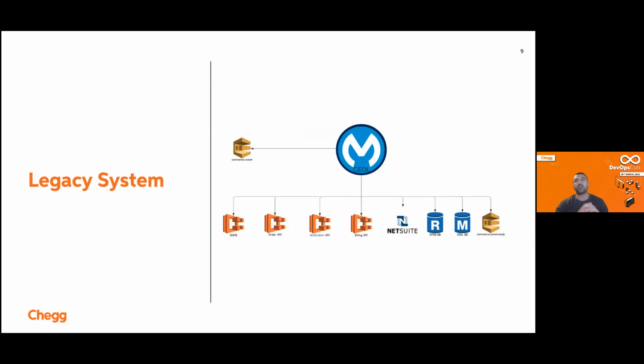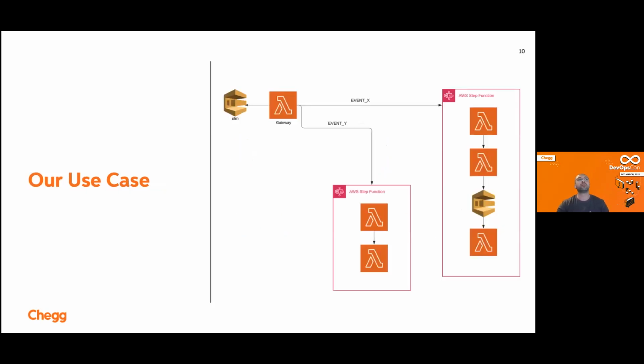And it contains lots of integrations with REST services, external services, a few databases, SQSs, a complete mess. So we decided to move it to Lambda functions and step functions.